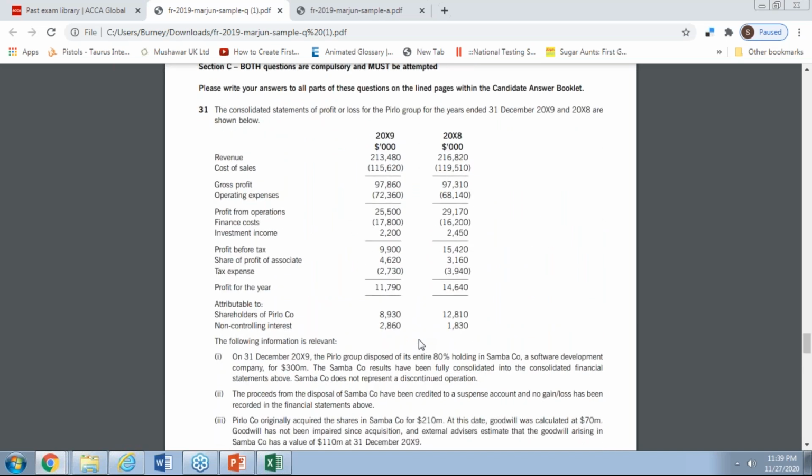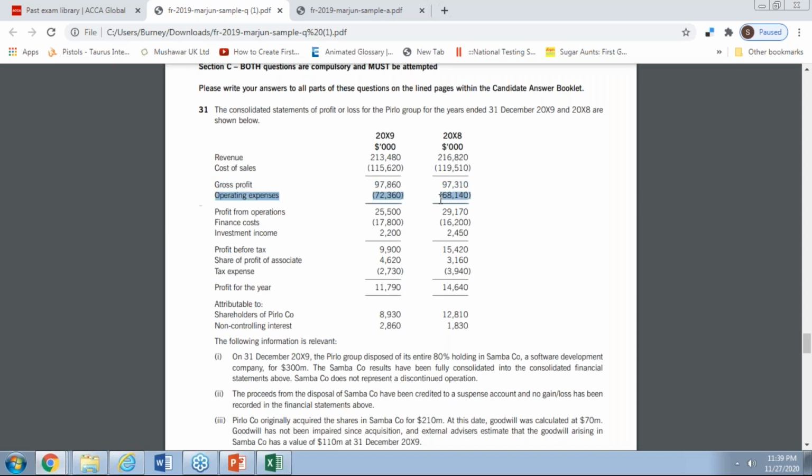Consolidated profit and loss of the Perlo Group for the year ended 31st December 2009. We have been given some ratios in which you can see the decline in revenue, a little decline in the cost of sales, and decline in the gross profit. The change in revenue is comparatively lesser than the change in the cost of sales, so you can see an improvement in the gross profit.